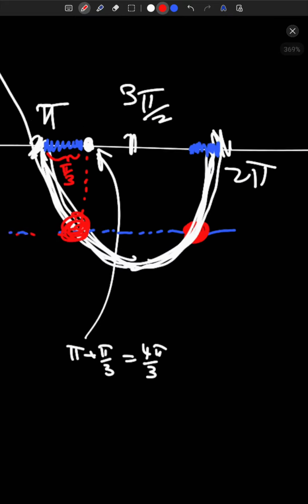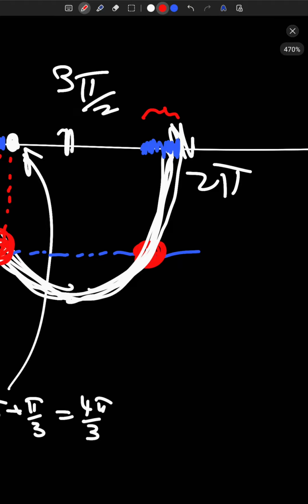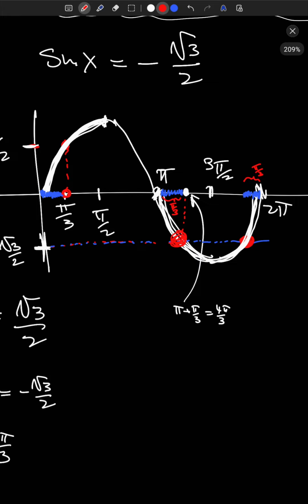So moving to the left pi over 3 from 2 pi, in terms of the hump structure, is the same as moving right pi over 3 from 0. What that means for us is that this height right there is exactly the height that we want.